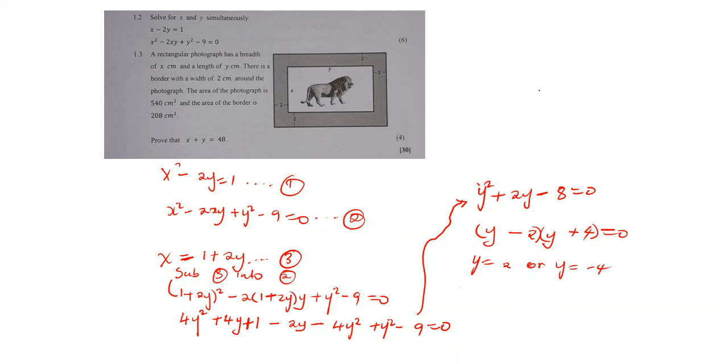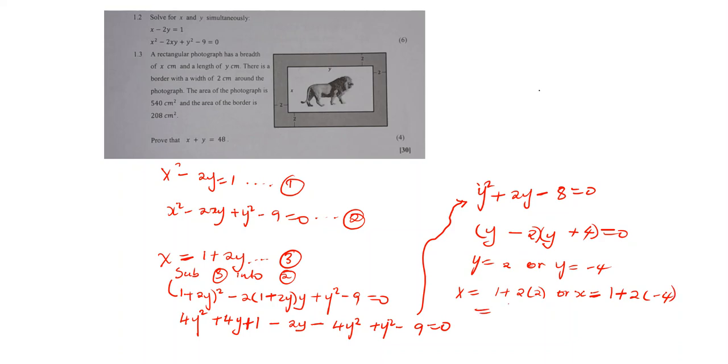So subsequent to that, we are quickly going to take these things and substitute them inside the first equation. The first or third, the choice is yours. So we'll say x equal to 1 plus 2 into 2 or x equal to 1 plus 2 into negative 4 to find those values of x.